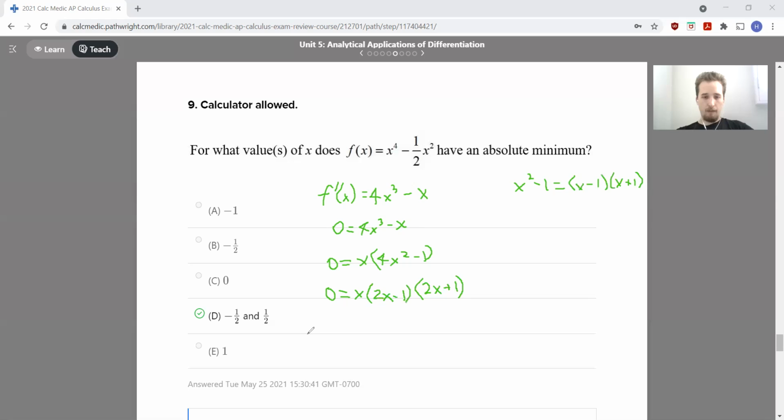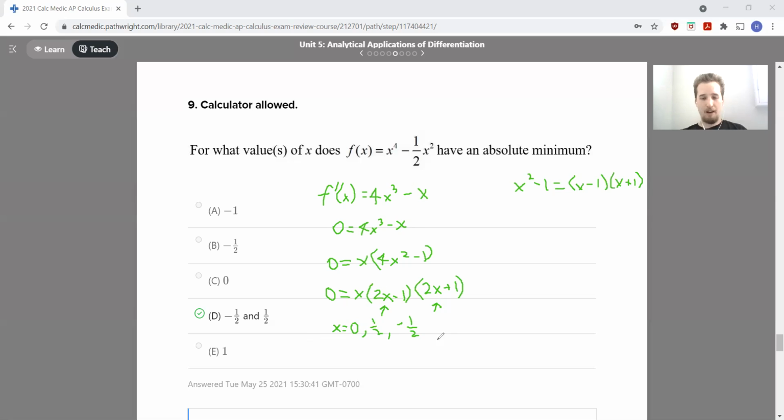So from this point, we get x is equal to 0. If x equals 1/2 here, then it's also equal to 0, so that's another root. If x is equal to negative 1/2 here, this also becomes 0. So x is equal to 0, 1/2, and negative 1/2.